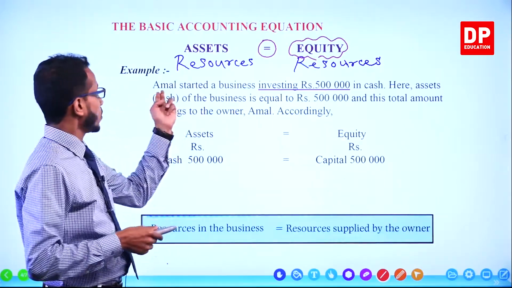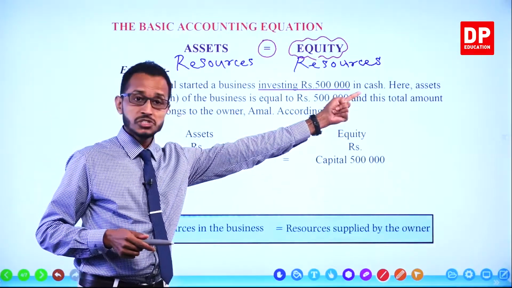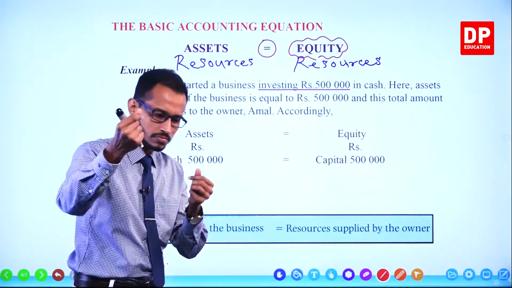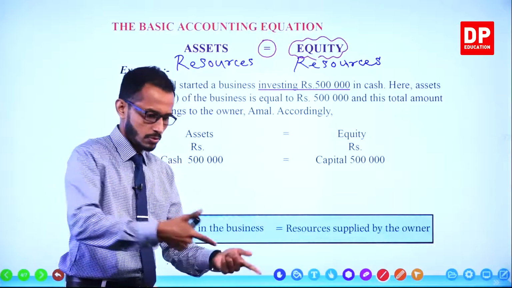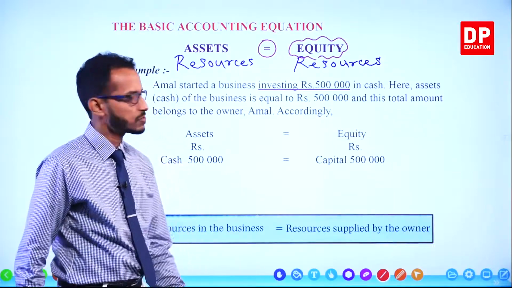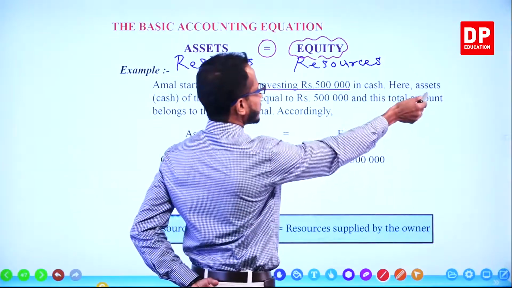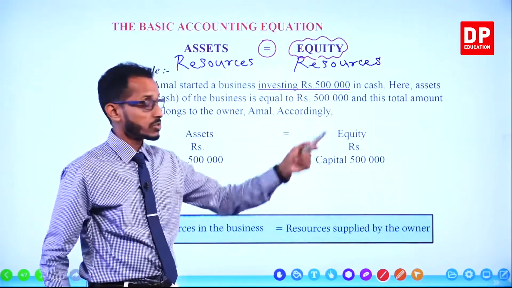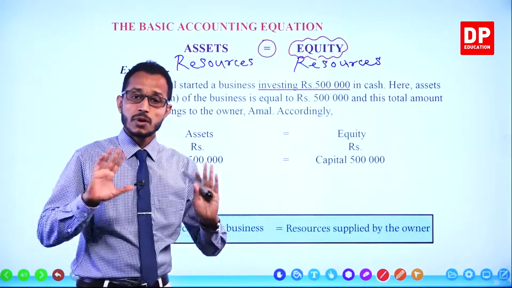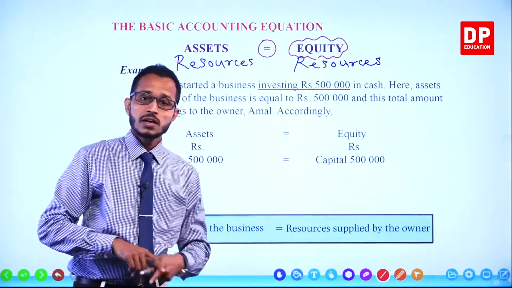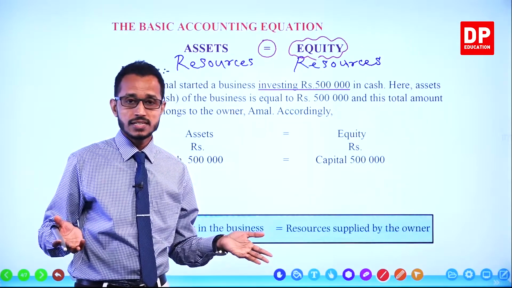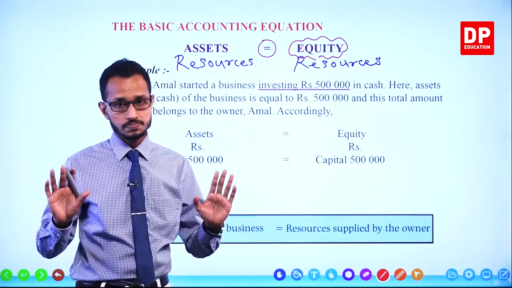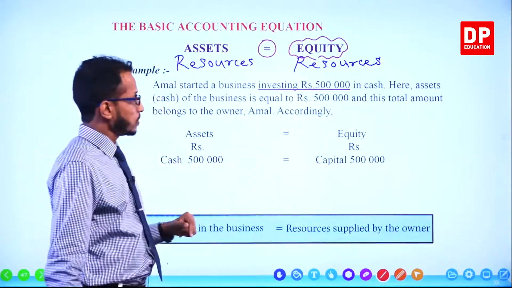So this owner Amal brought in cash 500,000 and invested that money in the business. Here the assets, the cash of the business, is equal to 500,000. So only that amount of cash is now existing in the business. Okay, only 500,000.